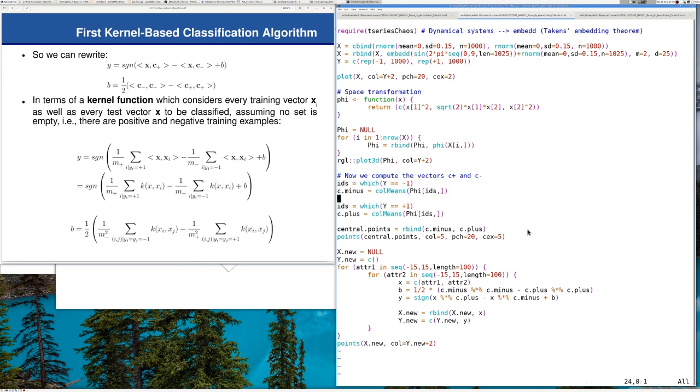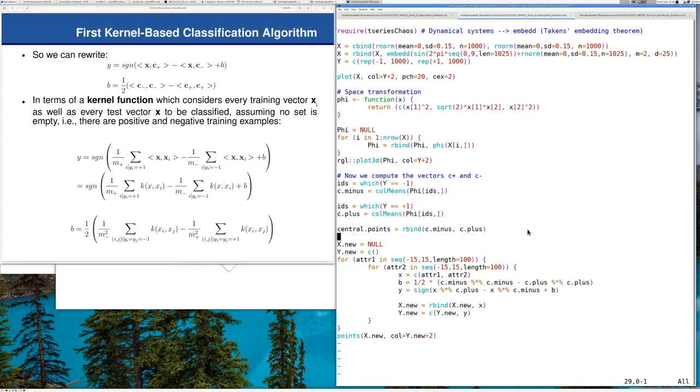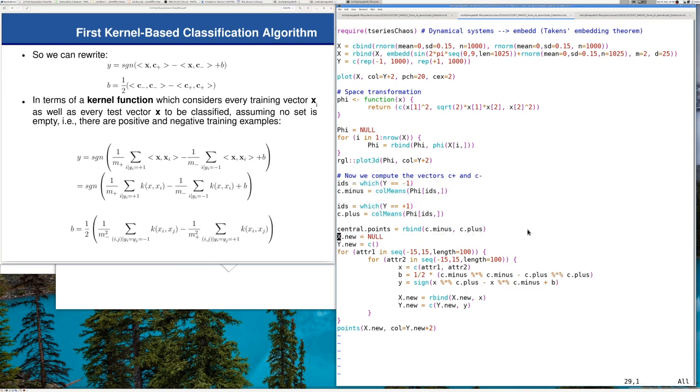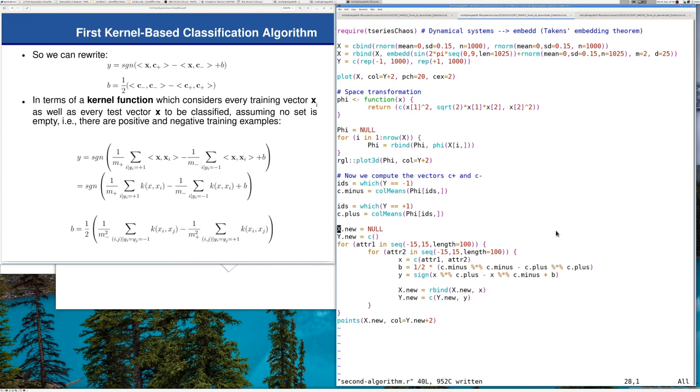What I'm going to do now is I'm not going to plot this central point. I think it's not necessary. Now we will have, of course, central points over here. Oh yeah, I don't need this because I will not plot. I will have just the new points and the results of the new points.